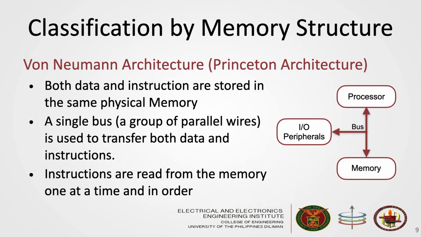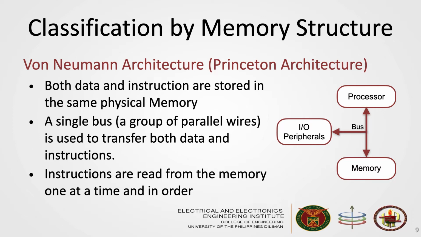Now let's look at how computer architectures are classified by memory structure. There are two popular architectures under this classification. The first one is the von Neumann architecture, also called the Princeton architecture. This is the simplest architecture and is somewhat what we have been discussing so far.